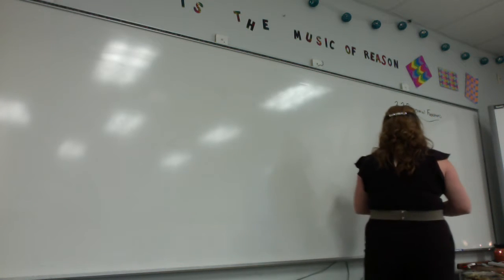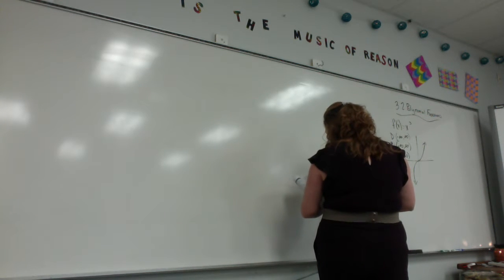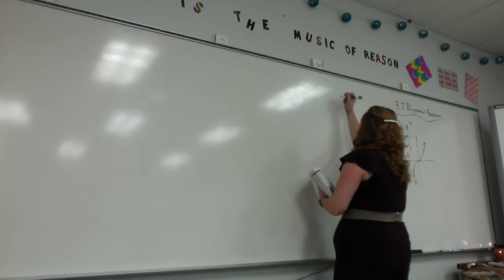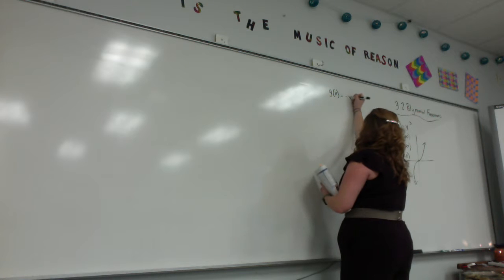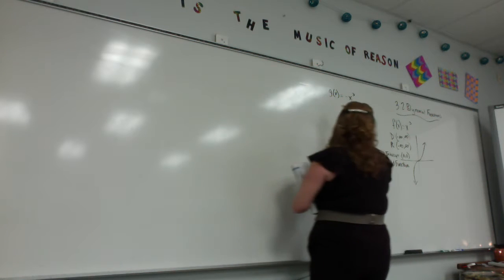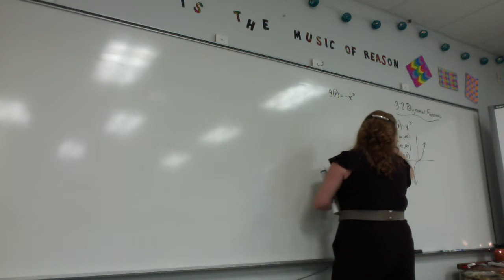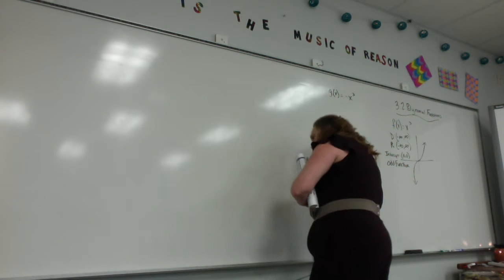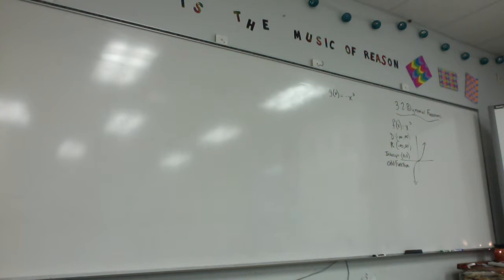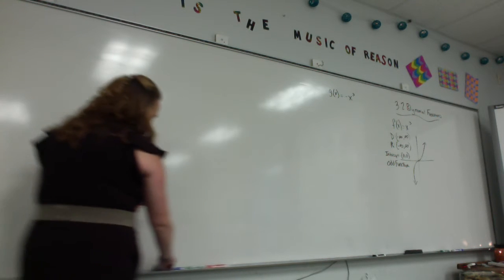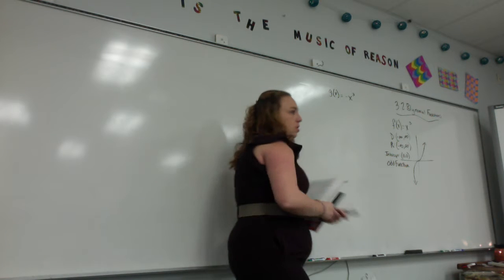Now, let's talk about this in words first. Let's say I have a function g of x equals negative x cubed. How would this function compare to that function over there? What would be the difference, or what would stay the same? How would those functions compare? Okay, so if it flips, what does that mean?